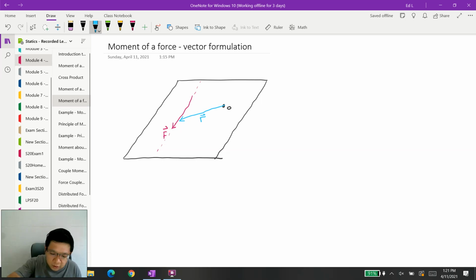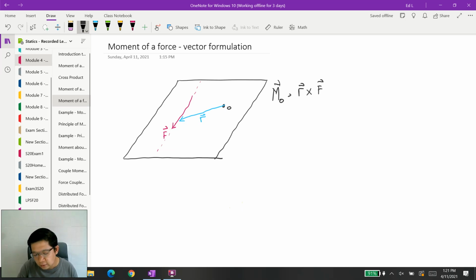So the moment of a force with respect to the reference point O can be calculated by taking the cross product of R and F. R cross F right there.